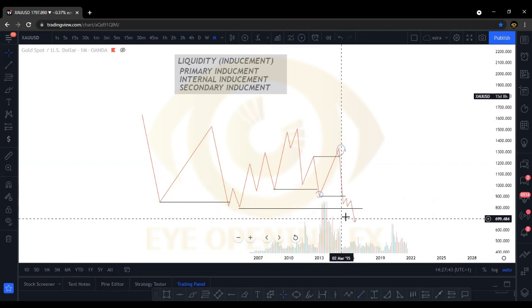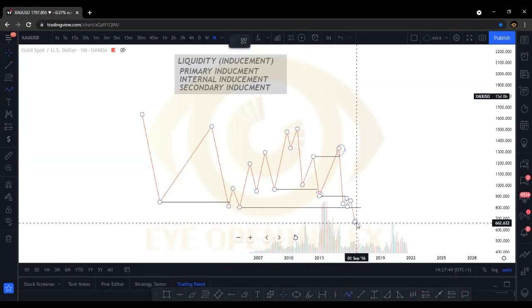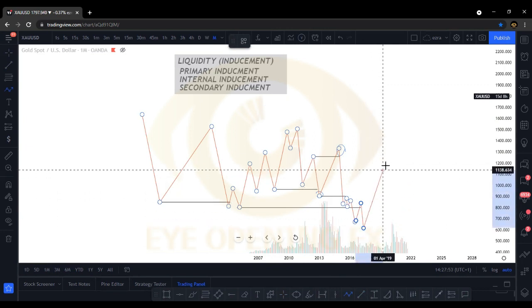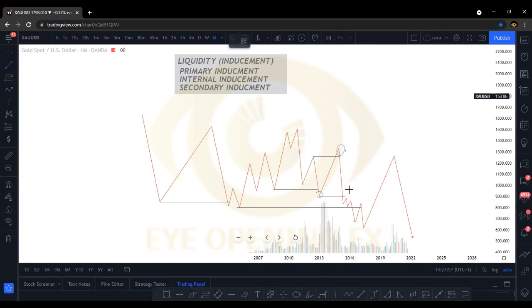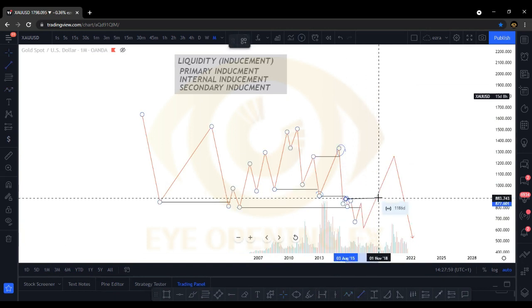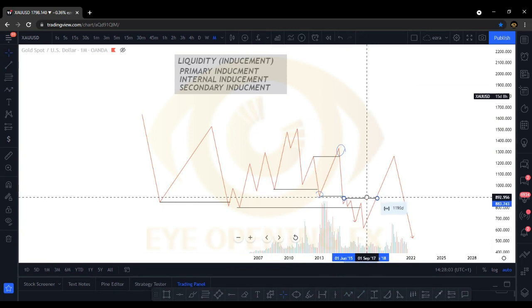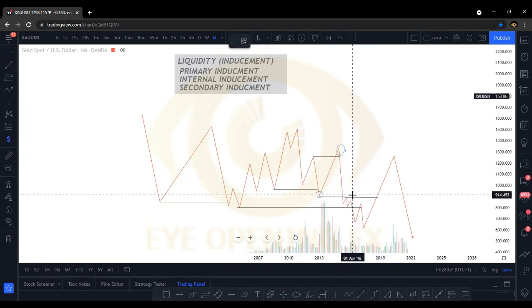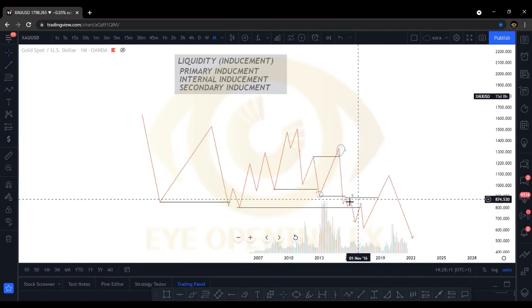So after the market forms a BMS to the downside, let's take, for example, it creates a lower low here, then gives something like this. This area is what we call internal BMS. This very high is what we call internal inducement.